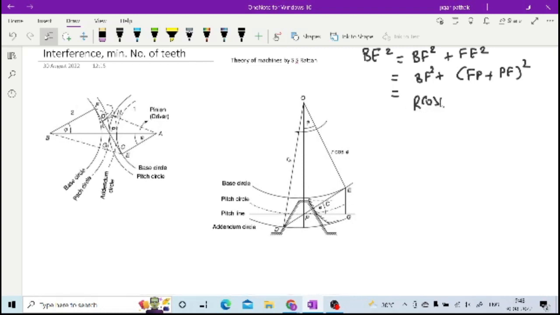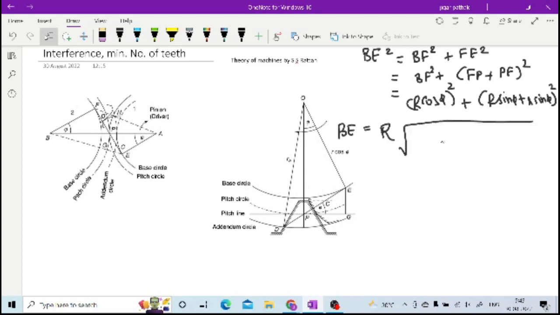So here it is (r cos phi) square plus (r sin phi plus small r sin phi) whole square, right? Once you have this, and if you go for simplification, then your BE can be written as r under root of 1 plus r by r, and further r by r plus 2, into sine square phi.